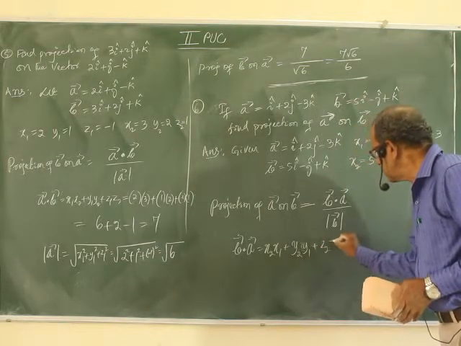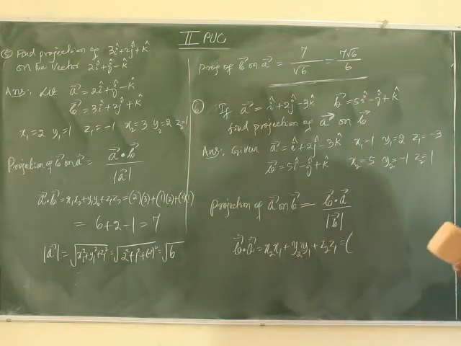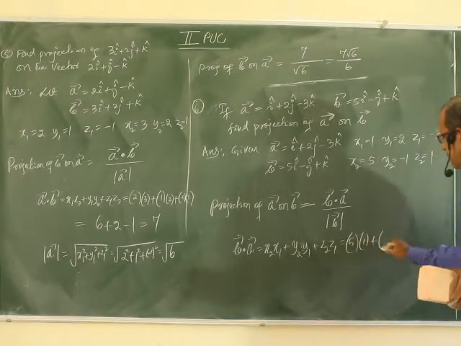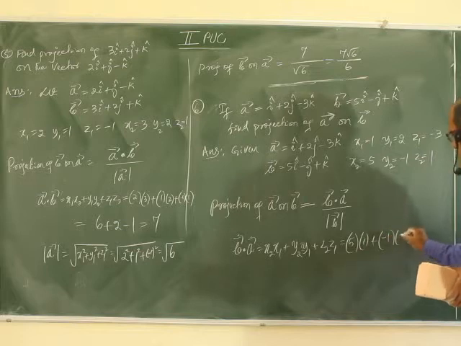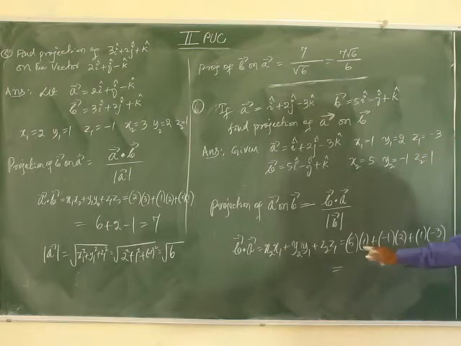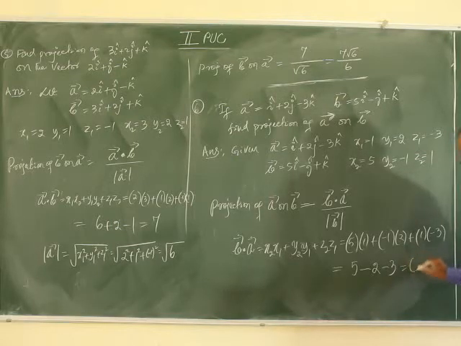x1 x2, y1 y2, z1 z2 equals 5 into 1, minus 1 into 2, 1 into minus 3, or it is 5 minus 2 minus 3, which is 0.